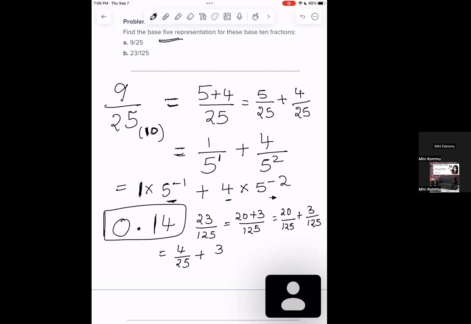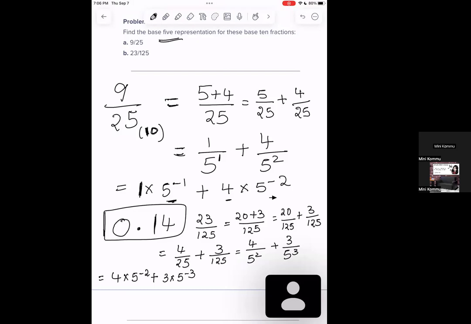Plus 3/125. You see where I'm going with this? So this will be equal to 4/5 squared plus 3/5 cubed. Now again, I can write this as 4 times 5 to the power of -2 plus 3 times 5 to the power of -3.